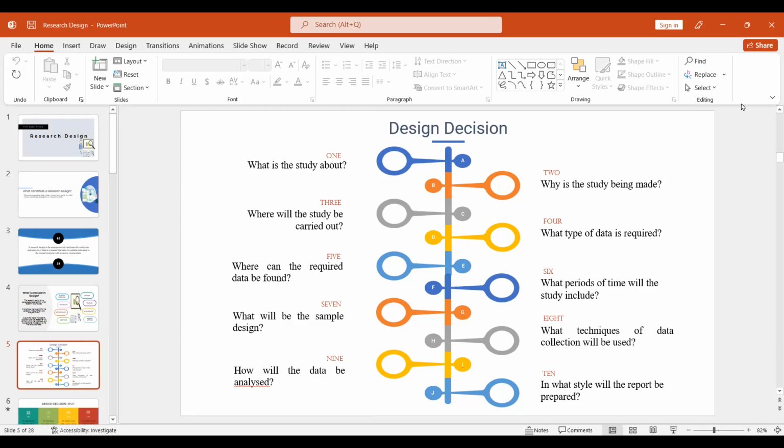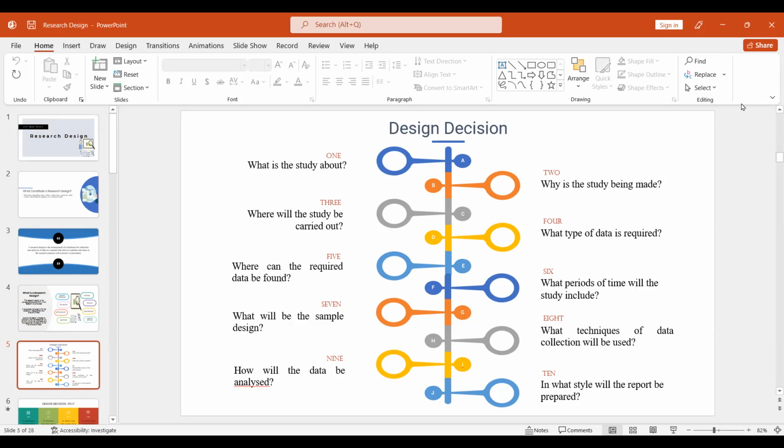The third question is, where will the study be carried out? It means the surroundings also matter, as our surroundings influence not only the way we think, but our intellectual development.